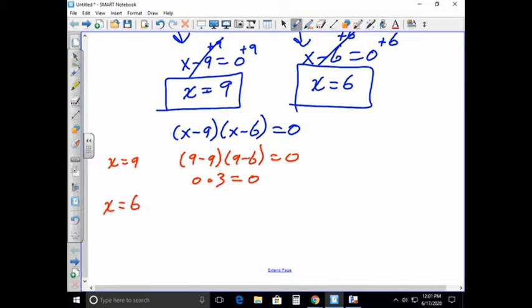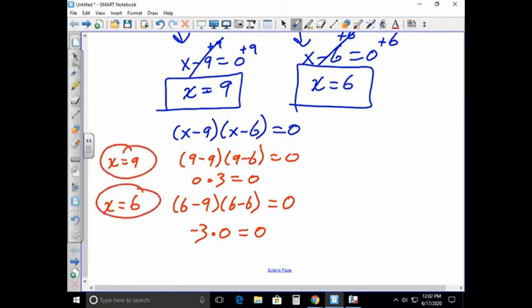Likewise, if we put a 6 in everywhere we have an x, 6 minus 9 is negative 3, 6 minus 6 is 0, and negative 3 times 0 is also 0. So yes, each of those numbers, when we plug them in for x, makes this equation a true statement.